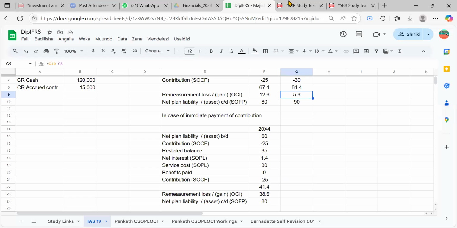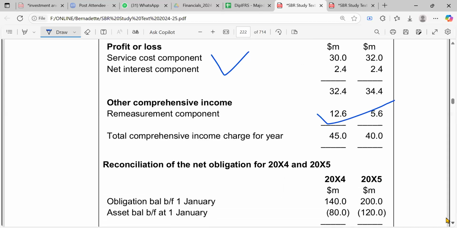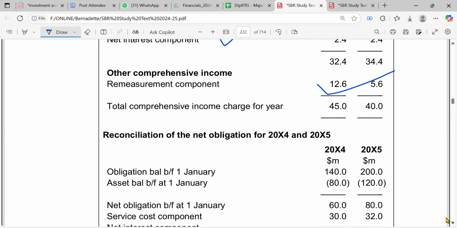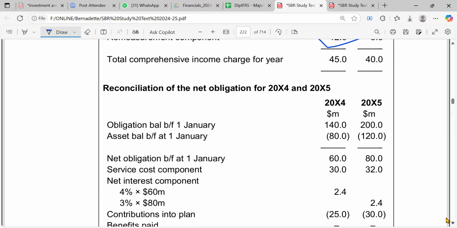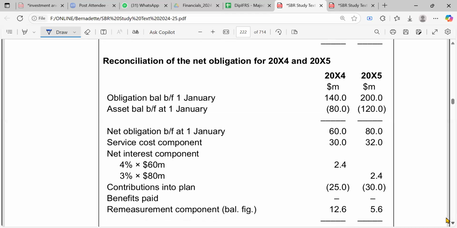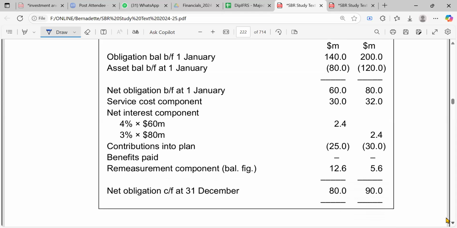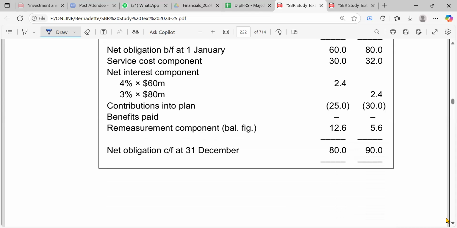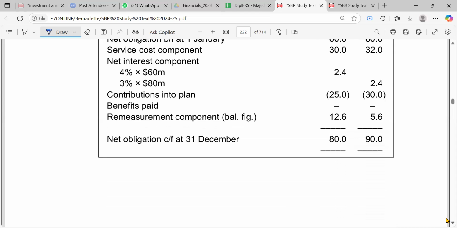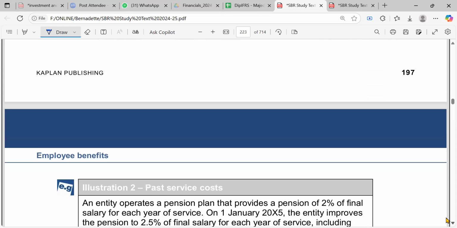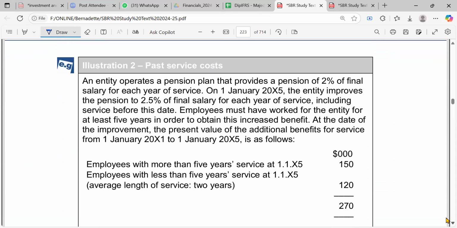These ones. And then the remeasurement gain, yes, we have seen them all. The reconciliation of net obligation. Okay, I think everything is fine.